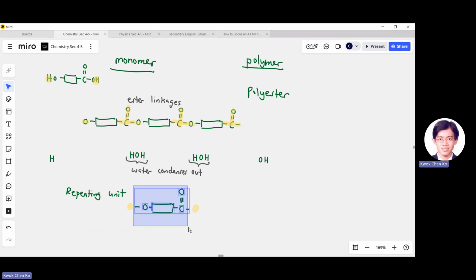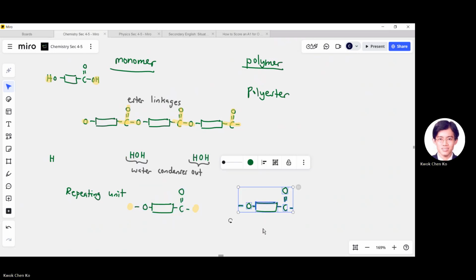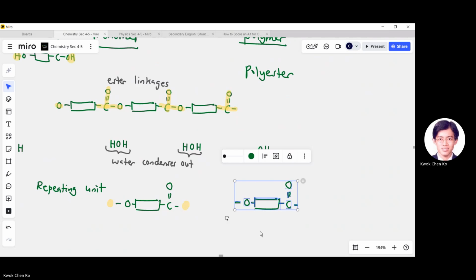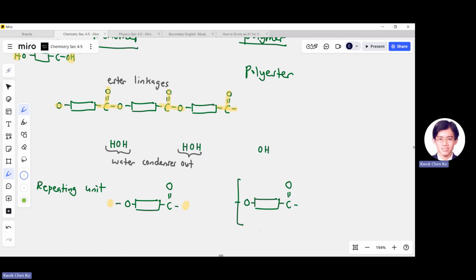I take this repeating unit and add in your square brackets. Try to cut across the bond. Some teachers are quite particular about that. And at the end there. So this is how you draw your polymer.